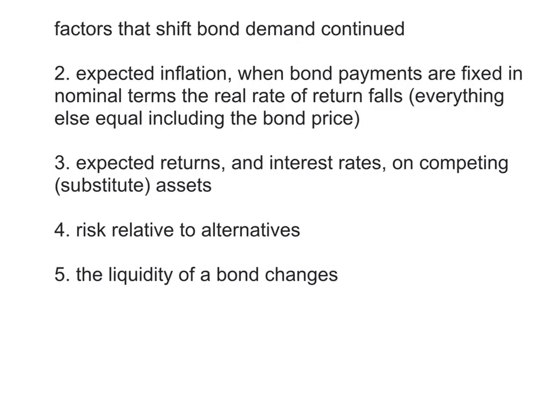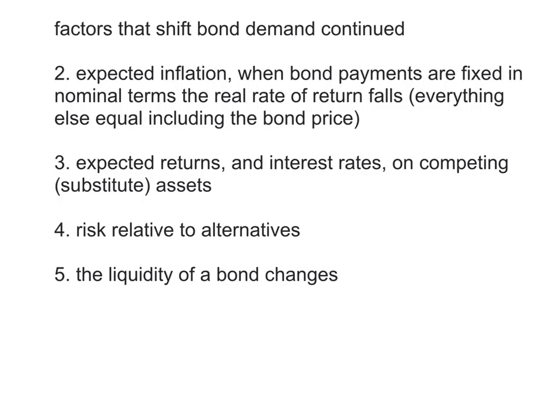The third thing is expected returns and interest rates on competing substitute assets. If the expected return on competing assets goes up, that will cause a fall in the demand for bonds. If the expected returns on substitute assets falls, then it goes the other way. Demand for bonds would increase.